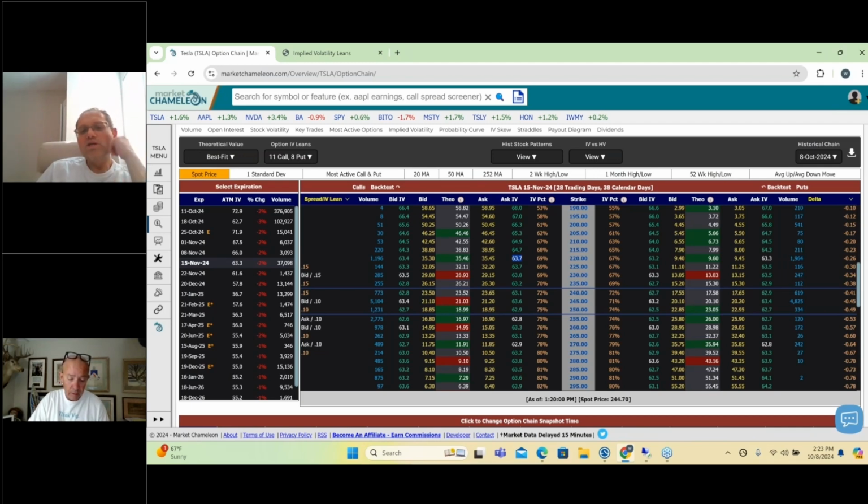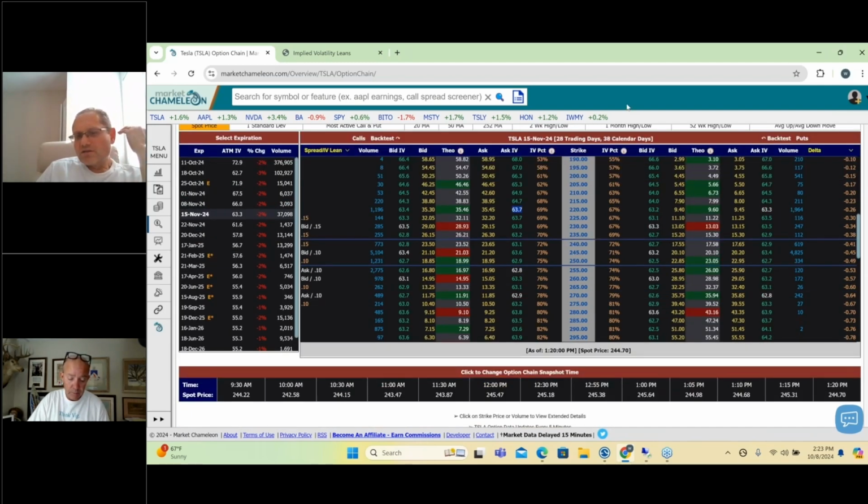And when we look at these implied volatilities, remember we're discussing, this allows us to compare the relative values, right? So a 63.4 volatility in this bid is higher than a 63.3 volatility in this bid. This is a 63.5 volatility, which is higher than this and higher than this.